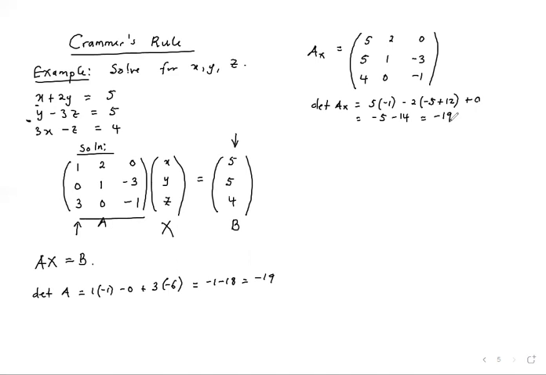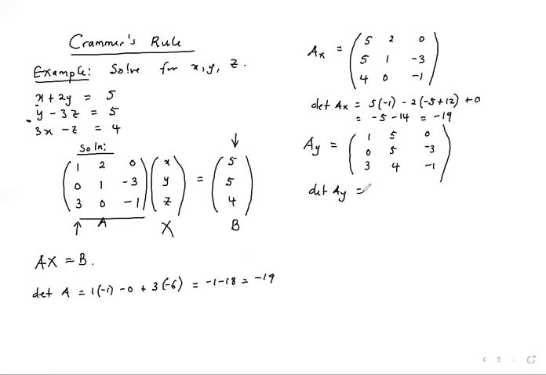Then get matrix AY, which is in the matrix A, we remove that column and put the right numbers, and then get the determinant of AY.